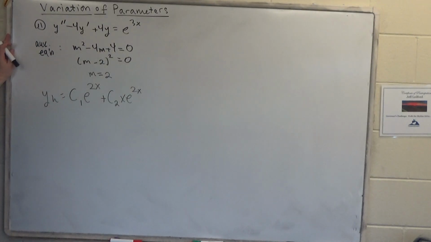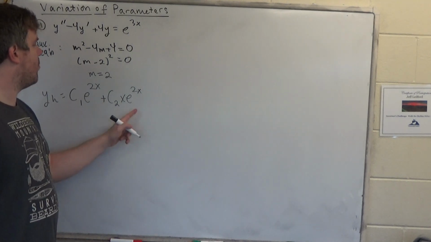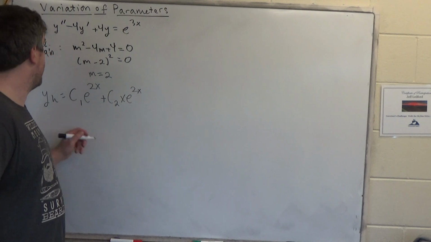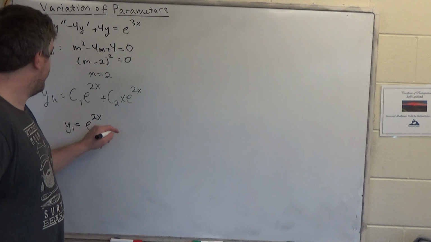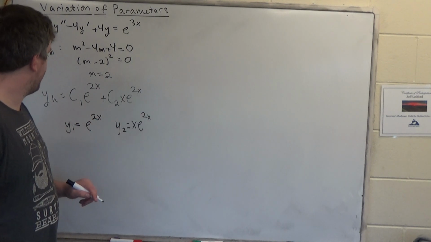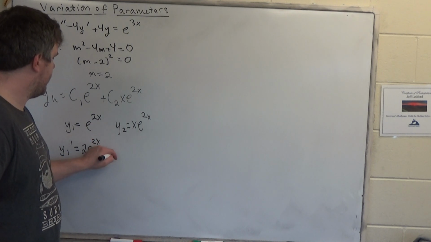Now, there's a little bit of a difference here when we're doing second order, is that we need to calculate the Wronskian. So to do that, we just pick y1 and y2. It doesn't matter which one you pick at the start, you just have to stay consistent. I'm going to pick them as the order I wrote them. Y1 prime is 2 e to the 2x.